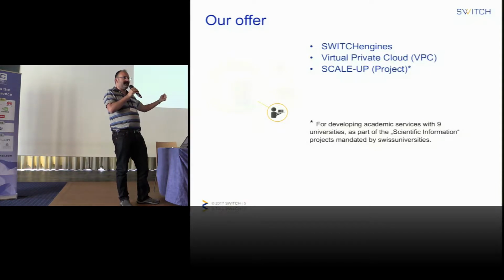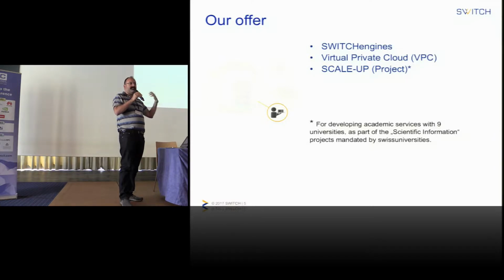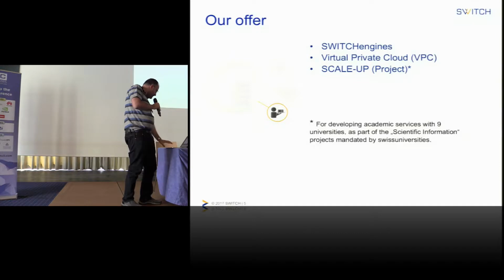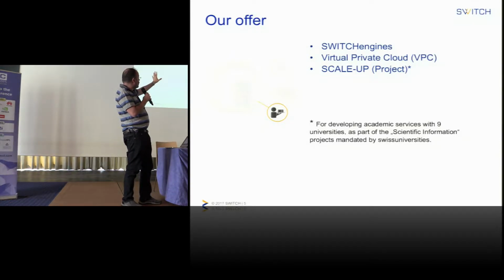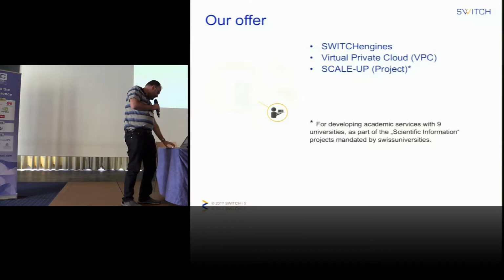So if you need any kind of layer 2 connectivity between what you already have and the new VMs that you're going to start in the cloud, that's going to be possible. This project started within ScaleUp. ScaleUp is a research project that Switch is involved in. We will see more about this later.